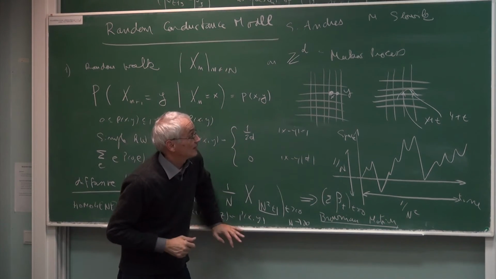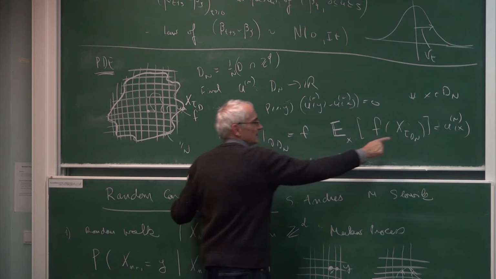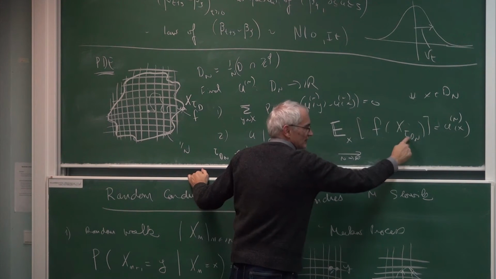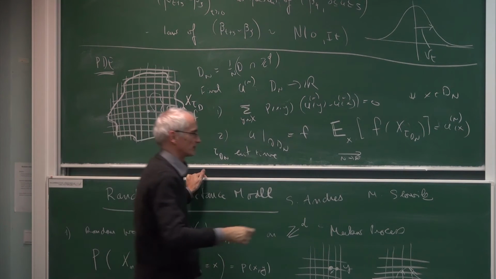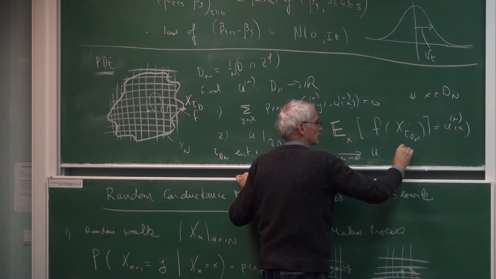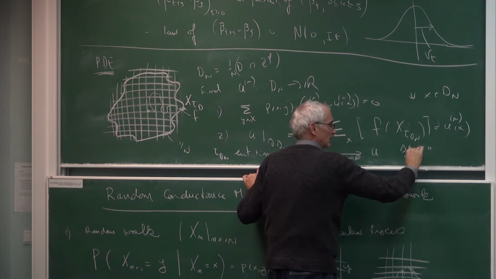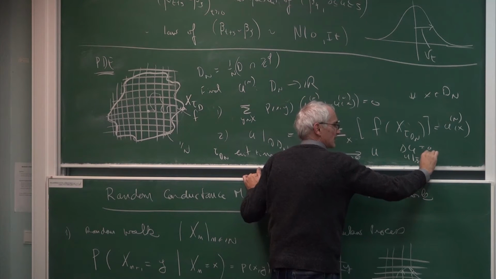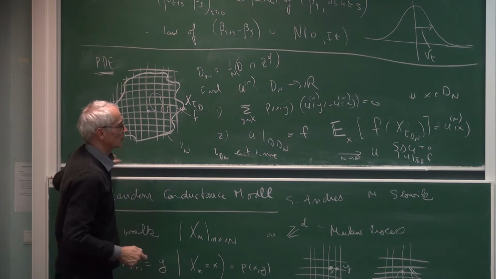And you see what I mean by fixed time, because here I look really at this time here, which is not a fixed time. So you need it along the trajectory to get this. So this will converge to u, solution to Laplace u equals 0, and u on the boundary equals f. So this is the harmonic function. So you will pass from the discrete one to the continuous one.